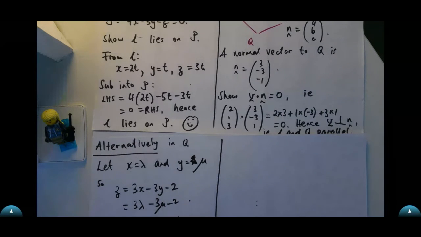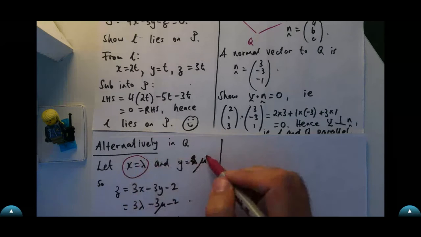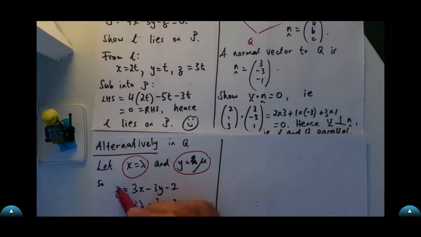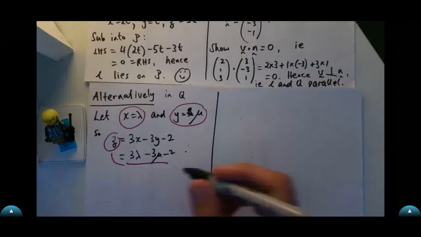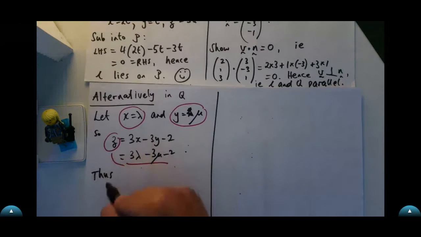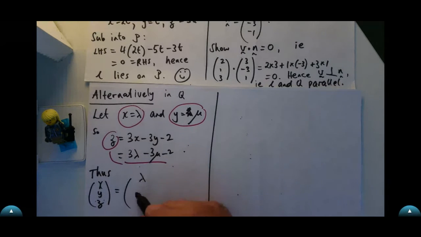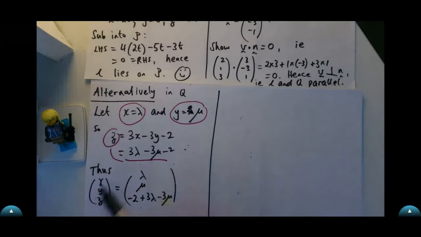So I've got this, this, and that. I can write that as a column, and then I should be able to get my parametric vector form. Okay, I can break this up into 3 parts.